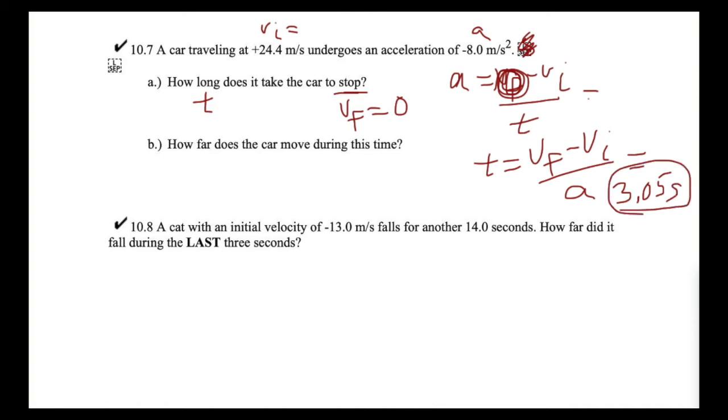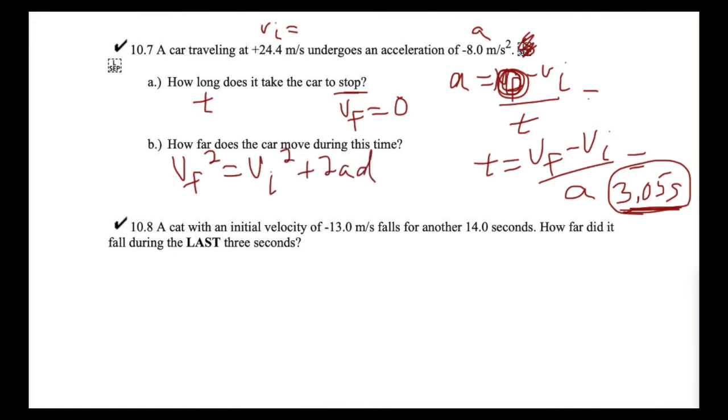Now B says, how far does the car move during this time? There are a couple equations I could use. I'm not going to actually use the time I just figured out. I'm going to use Vf squared, because we haven't used this one yet. I'm going to use Vf squared equals Vi squared plus 2AD. How far?